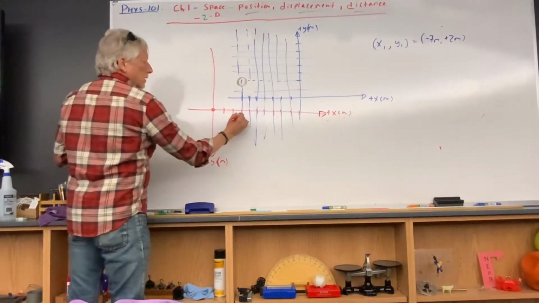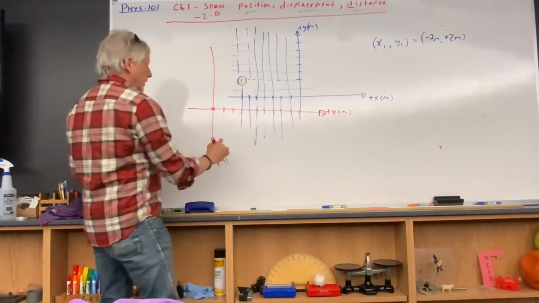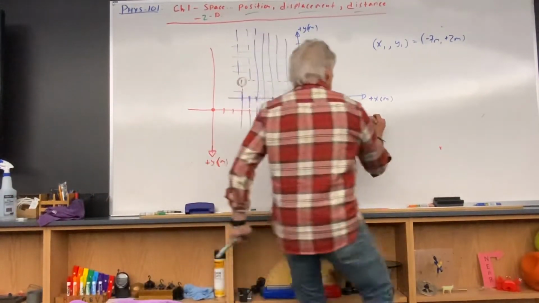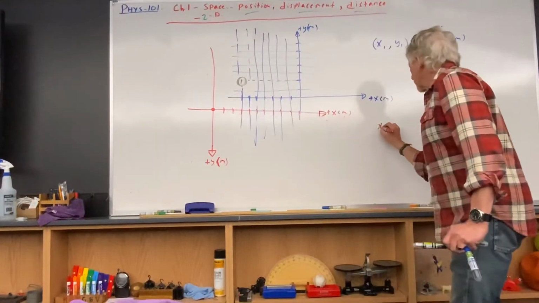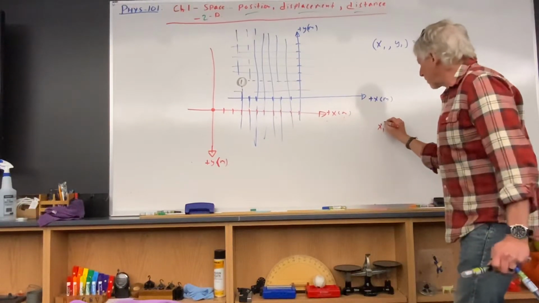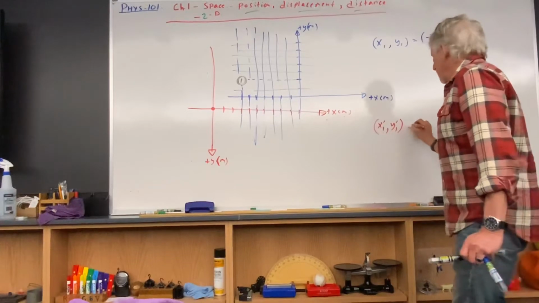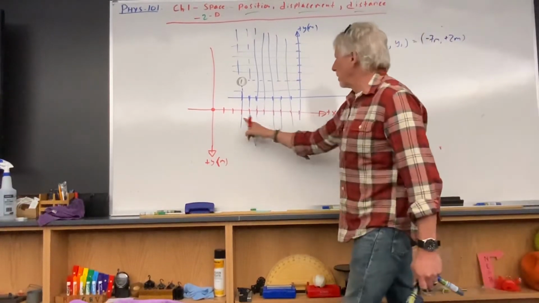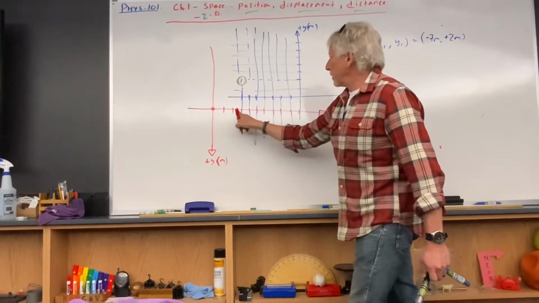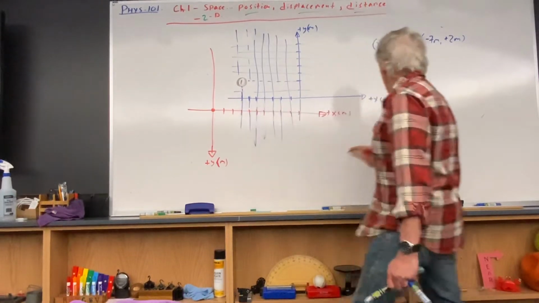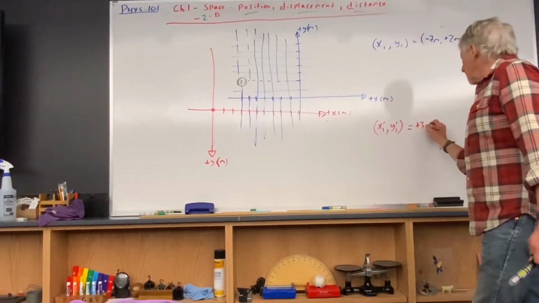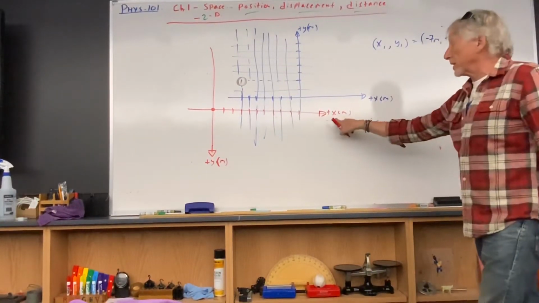So there I go here, and I can say down here, x1 red or prime, y1 red or prime is equal to 1, 2, 3, positive plus 3 meters, because I'm still calling that plus.